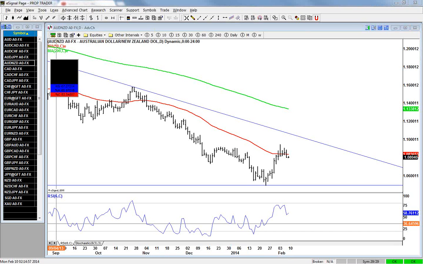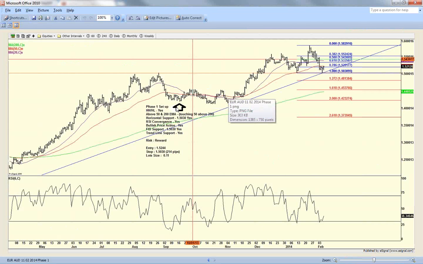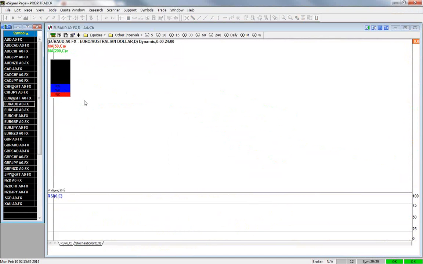Euro, Aussie. 3 setups with the same currency. You're all Aussie, okay? Aussie. High above 50. It's getting close. Support, RSI convergence, yeah. Bullish price action, yes. Fib support. Well, as a double bottom, you can't say you've got fib support. That's just a double bottom, unless you do your fib from a different position.